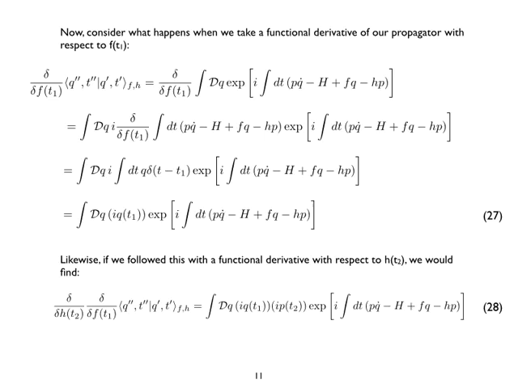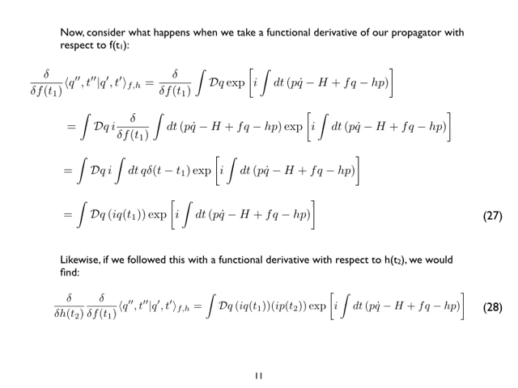Because I'm taking the functional derivative of the exponential, I get the exponential back, so I should have written it like this, with the stuff in front. Right, because now the derivative is acting on just that stuff in front of the exponential. Okay? Everybody with me?